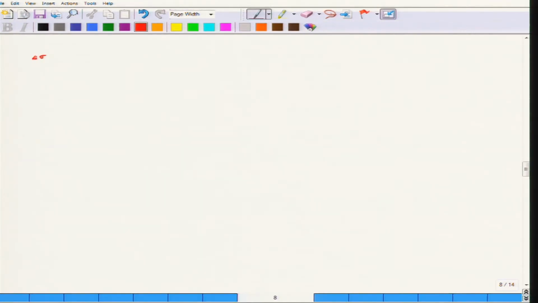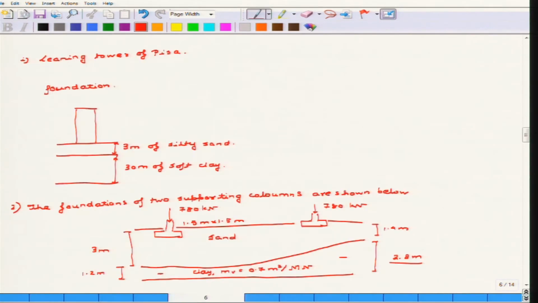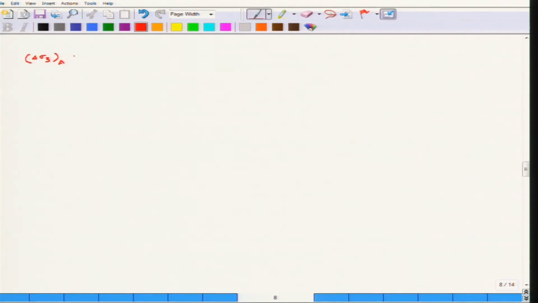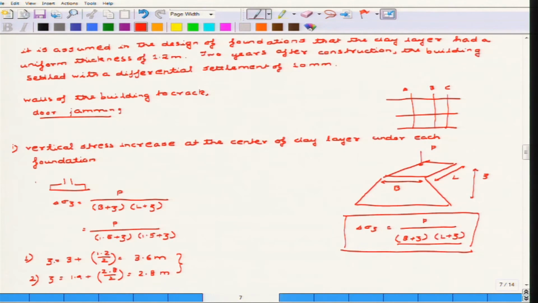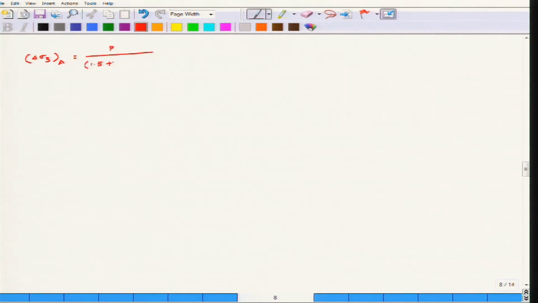So, delta sigma Z for footing, let us now name these footing A and B. For footing A it is equivalent to P by (1.5 plus Z) whole square, where Z for the first footing is 3.6. So 1.5 plus 3.6 whole square. Now P is 780 kilonewton. So this works out to 30 kPa.